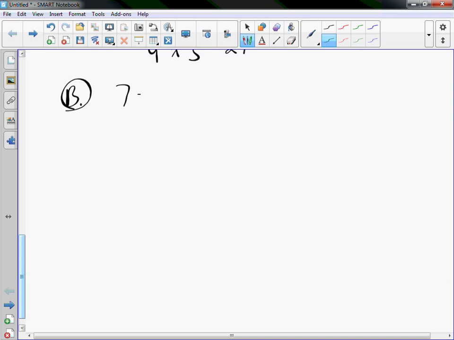Okay, second example. We have 7 plus parentheses 8 minus 7 plus 2 to the 4th. Okay, order of operations again says do whatever is inside the grouping symbols or parentheses first. So we have 8 minus 7. From left to right, we have addition and subtraction in here, so we need to do the subtraction, then add.